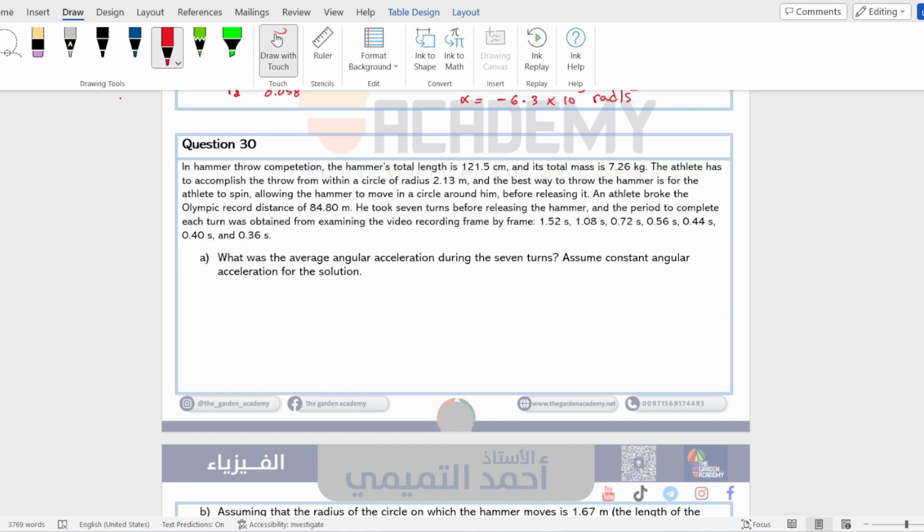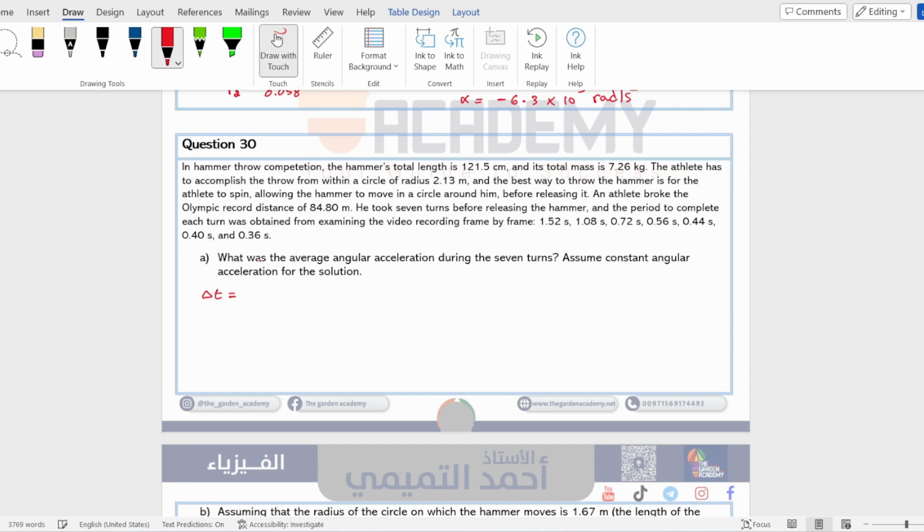First, what do we have in this question? What is given? We already have delta theta, which is the angular displacement. We also know the time needed to complete the 7 turns. So let's write down first what is delta t.